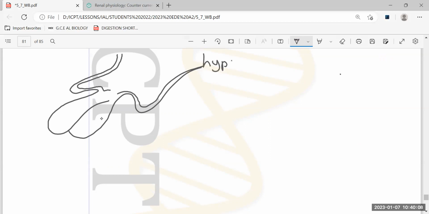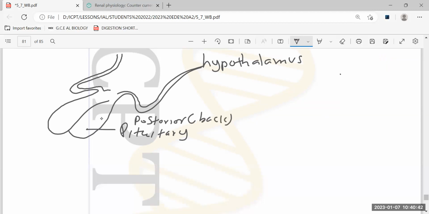So this is the hypothalamus and this is the pituitary gland. Pituitary gland has two parts. One is the front side, the other is the back side. So we call them anterior and posterior. The back side is referred to as the posterior pituitary and the front side is the anterior pituitary.